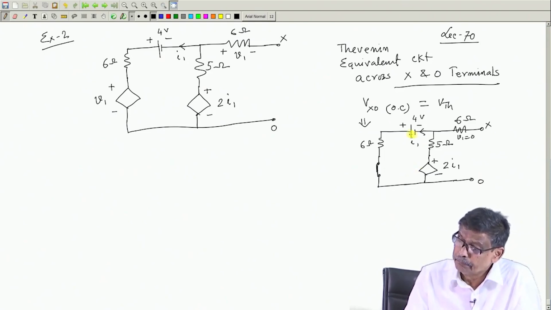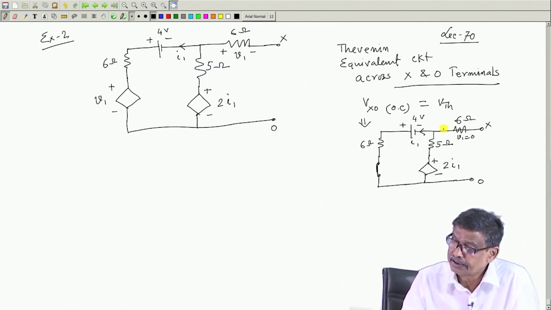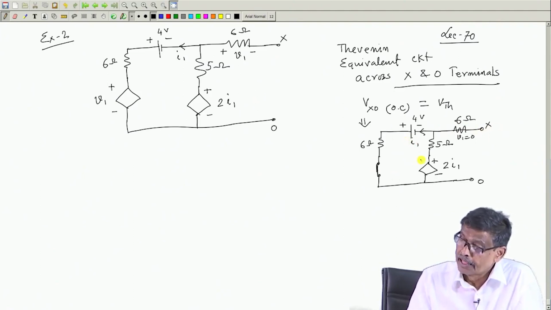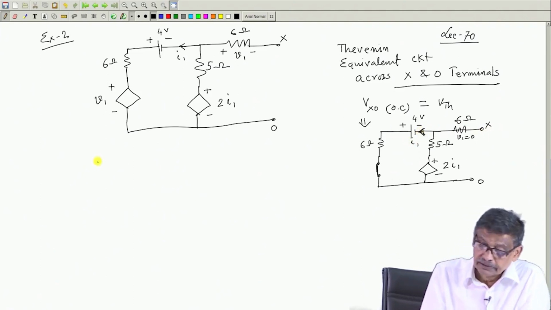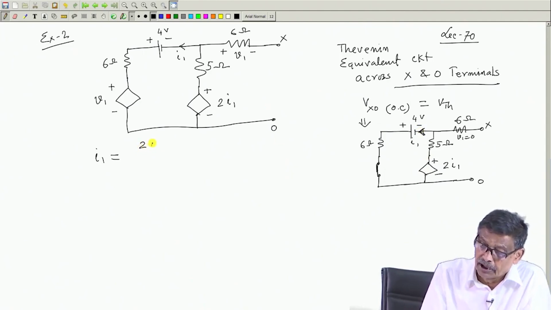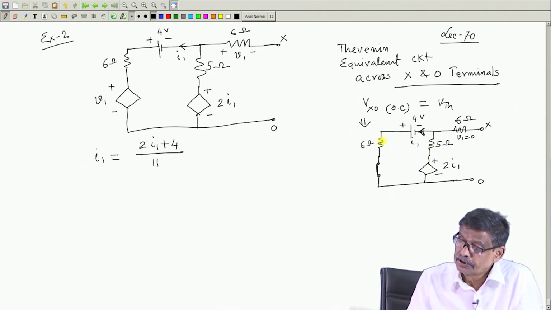Now, it is simply a series circuit in this loop. The current here is 0, open circuit. Therefore, currents will be in this loop only, and the magnitude of the current I 1 we can easily write as the voltage acting in the network in this direction, that is 2 I 1 plus 4 volt, divided by 11, because the total resistance in the series circuit is 5 plus 6, 11.